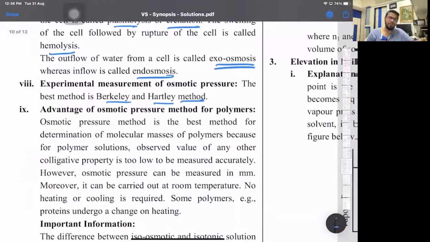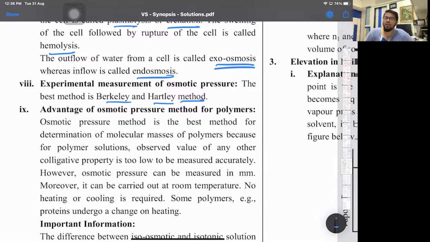Advantage of the osmotic pressure method for polymers. Normally, the osmotic pressure method is the best method to calculate molar mass, because even if the solutions are dilute, we can measure it in terms of millimeters. So for very dilute solutions also, we can gauge the exact pressure.